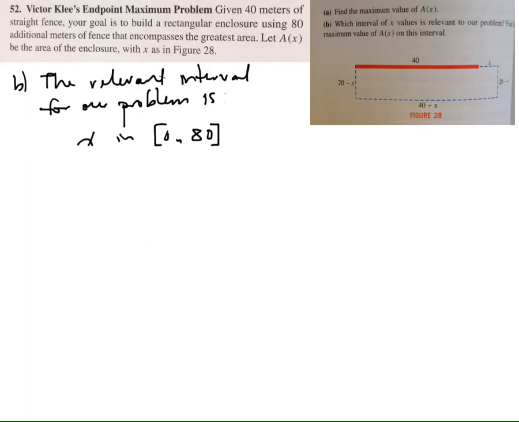Okay, so that's our relevant interval, and we saw from part A that there are actually no critical points in this interval. Our only critical point was at x equals negative 10. So if we want to find the maximum on this interval, we should just test these endpoints.